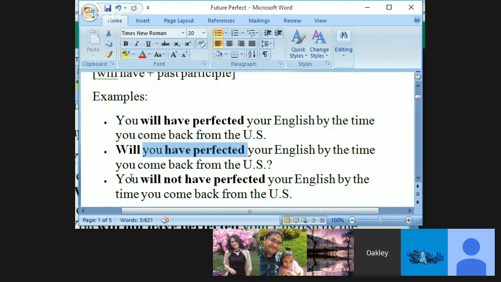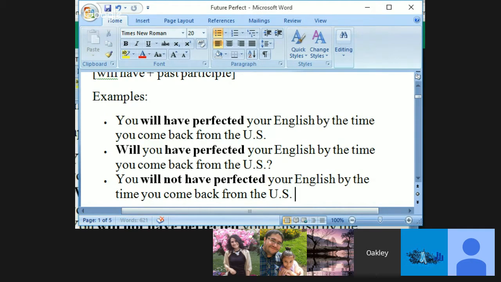In the negative form, the not adverb will follow the first auxiliary. In fact, that's where the adverbs belong, so that's where not belongs. You will not have perfected your English by the time you come back from the US.